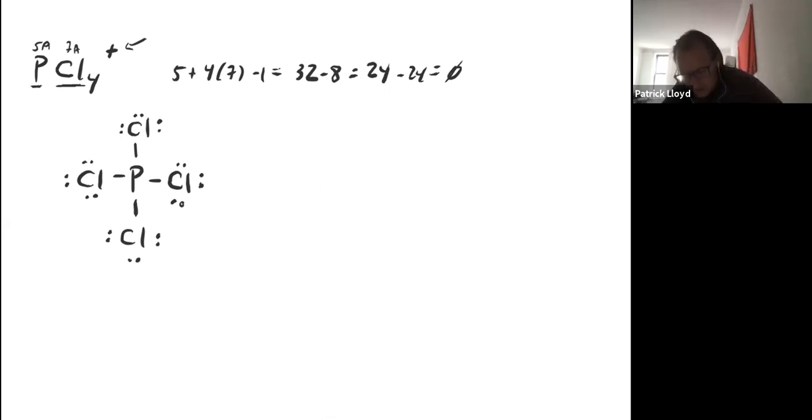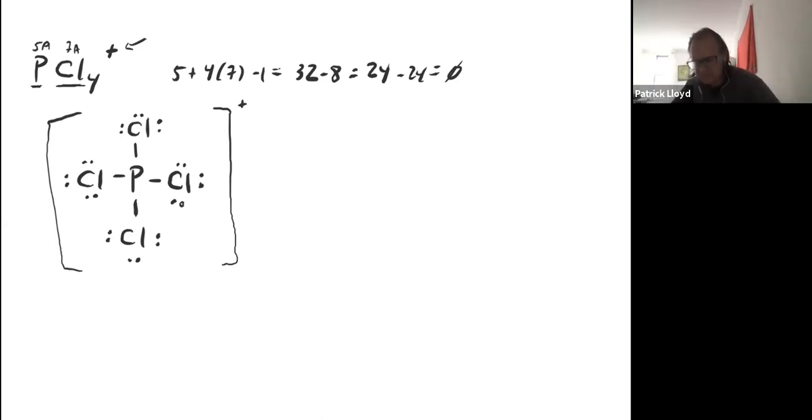Remember, when you draw a Lewis structure, you want to have brackets, and then you put the charge outside the brackets on the right side, okay? Some people will just do half a bracket, so they'll just put it on the right side with the charge. Sometimes people put it on both. I prefer both.